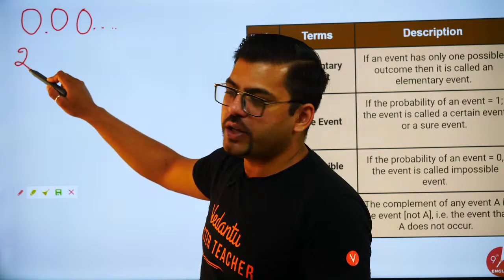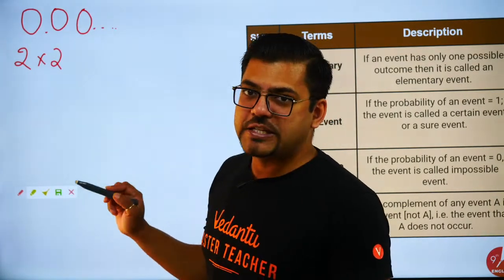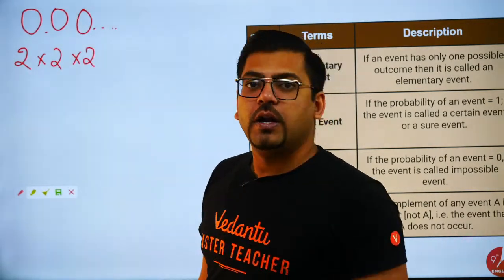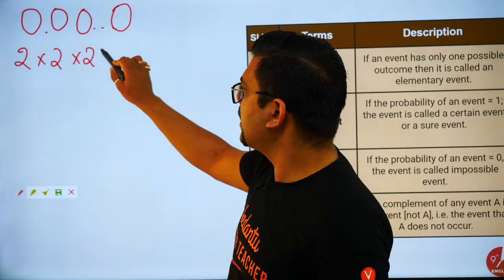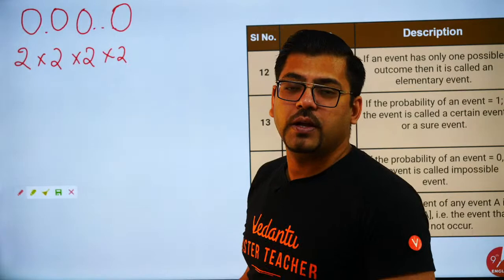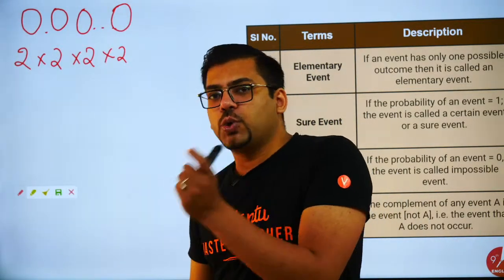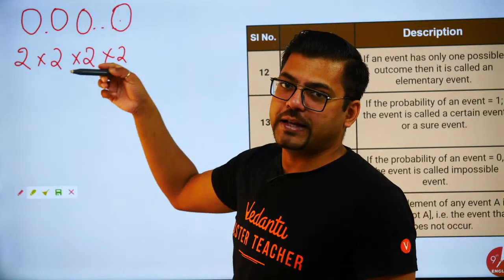If you have 2 coins, you just make 2 into 2, and this will be the total outcome, the sample space. If you have 3 coins, just make it 2 into 2 into 2, 8 outcomes, so the total sample space is 8. If you have 4 coins, 2 into 2 into 2 into 2, 16 outcomes. So as many coins, that many 2s. And why 2? Because each coin has 2 outcomes, head and tail.